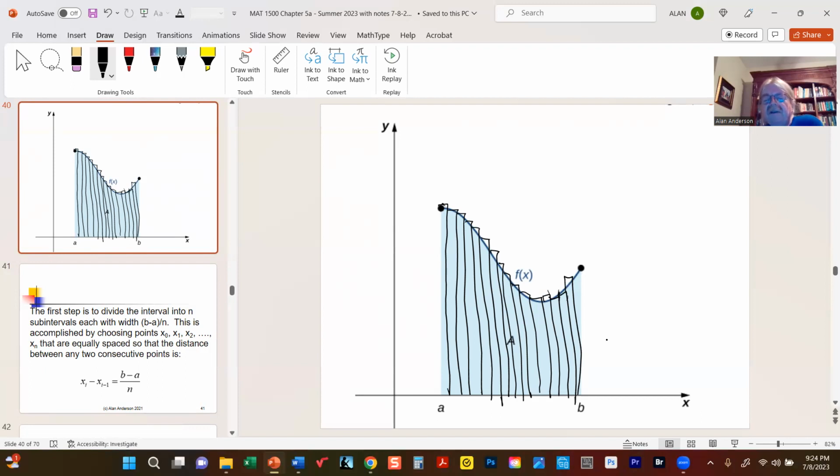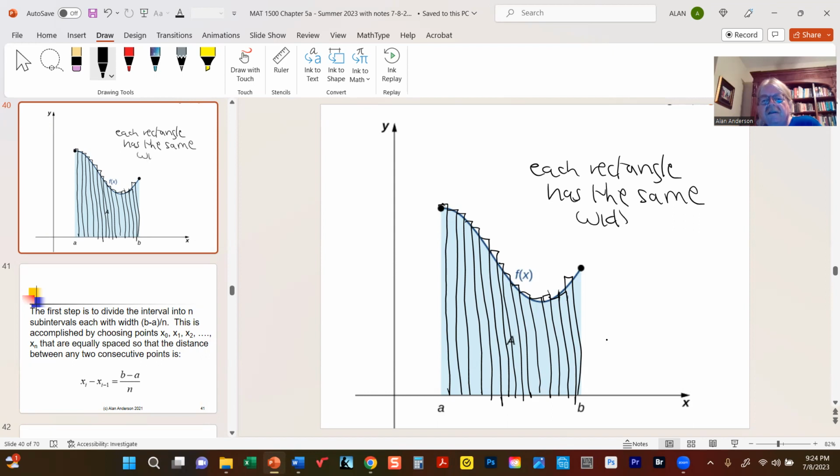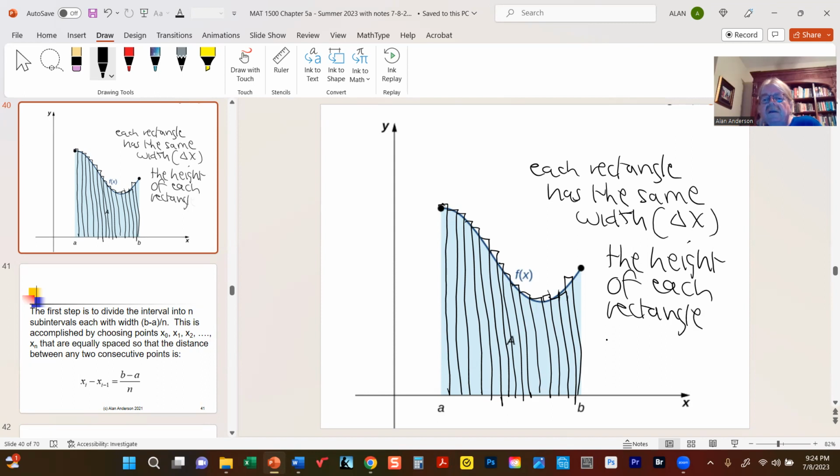So yeah, now here's the thing though. Now each of these rectangles, and we'll see this as we go further into the chapter, has the same width, which we'll call delta x. But they all have a different height. The height of each rectangle is taken from the function.